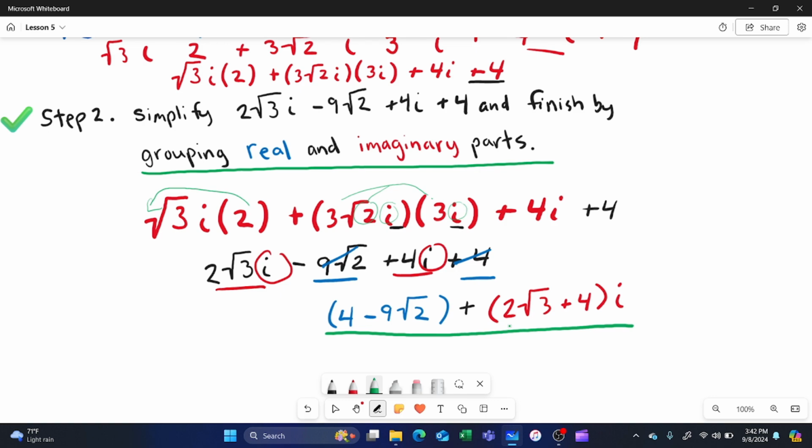A pair of i's equals negative 1, so that's going to change your sign. Don't forget to change your sign. And plus your 4i, 4.